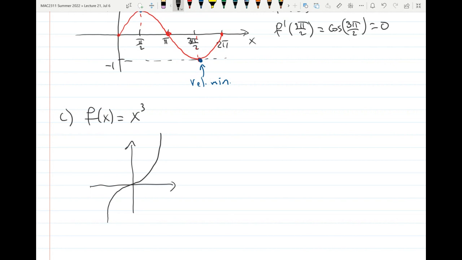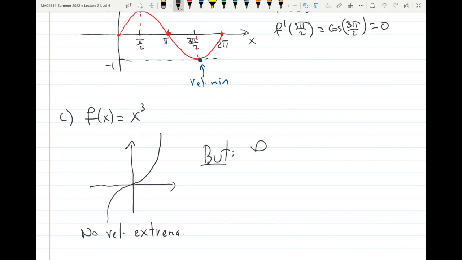That's not the case. Any interval that you draw, there is this little part on the left that goes down. And similarly, there is no maximum, because on any interval that you draw, the right part is going to go up. It will be higher than 0. So there is no maximum, no minimum, so no relative extrema.